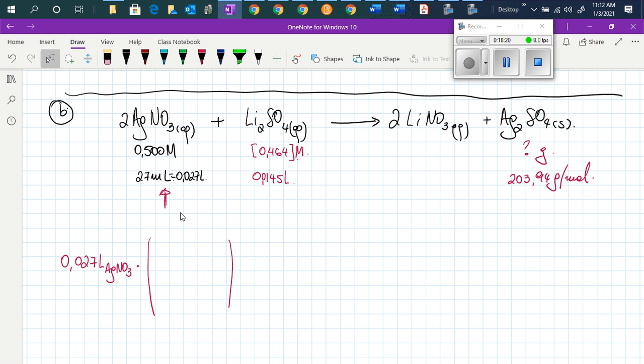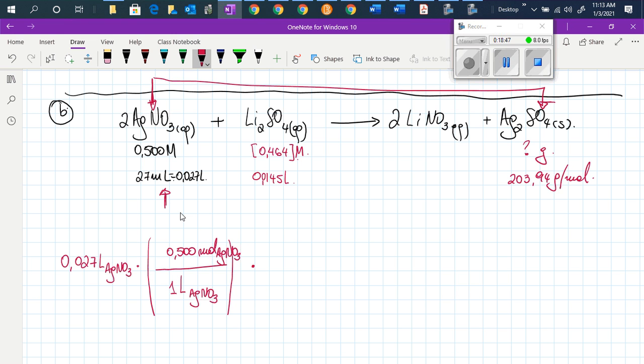Now, the whole point is to find the moles, because then we use the concentration. 1 liter of silver nitrate is 0.500 moles of silver nitrate. So this will give us moles of silver nitrate. And then we are moving from silver nitrate to silver sulfate.